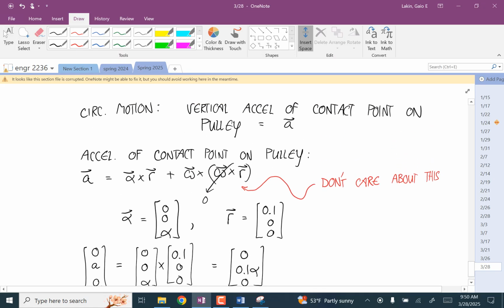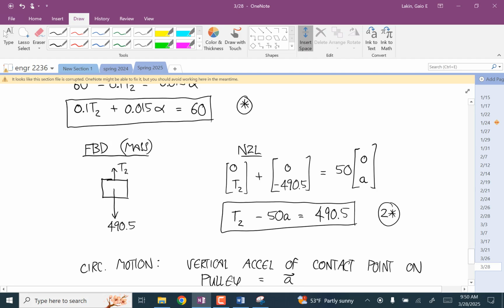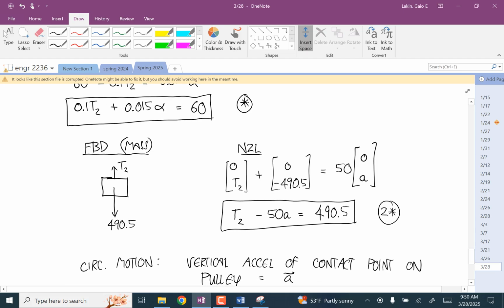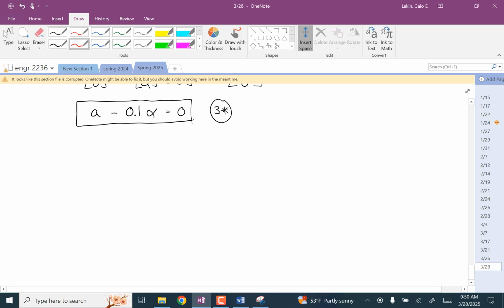Okay, so now we have 3 equations, 3 variables. Let's write these down. I'm just going to go straight to the augmented matrix.